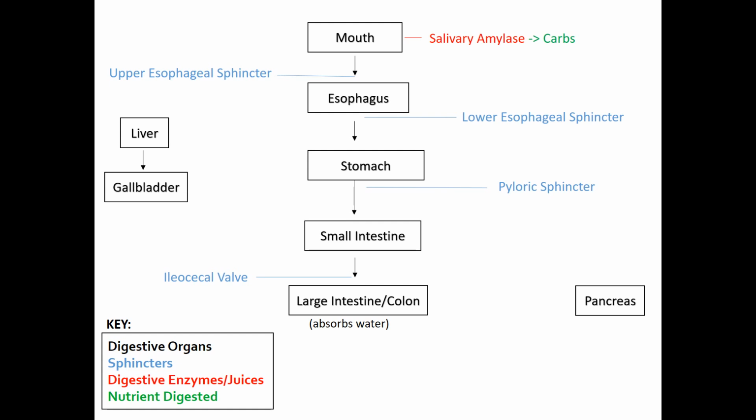What you see in red is the enzyme or the digestive juice that is being used to digest it. So carbohydrates begin their digestion in the mouth using salivary amylase. Salivary amylase is an enzyme that's released from your salivary glands, and it begins the breakdown of carbohydrates.